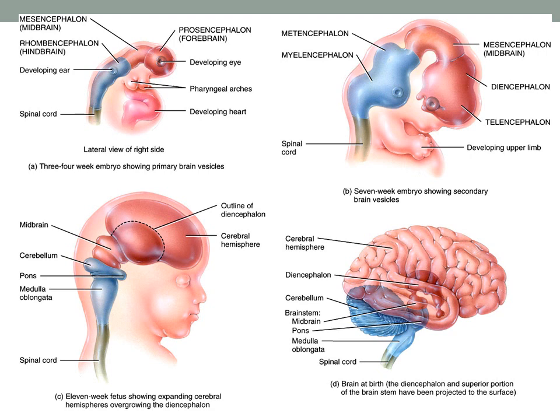And those are the 5 secondary brain vesicles which then continue to grow. Particularly the telencephalon continues to grow to give us the large cerebral hemispheres, and then all of the subsequent structures in the adult brain, such as the thalamus, the hypothalamus, all the structures of the brainstem, and also the cerebellum.